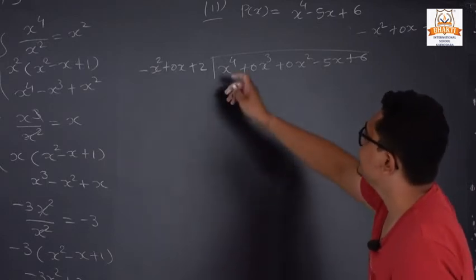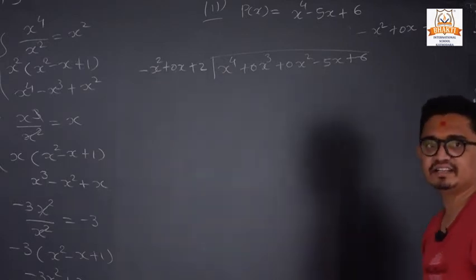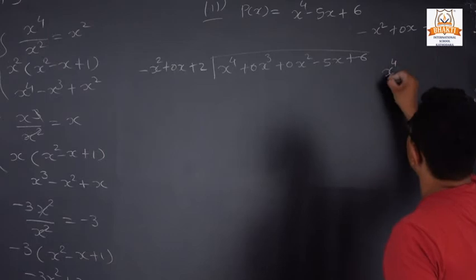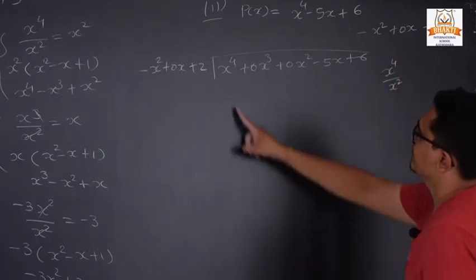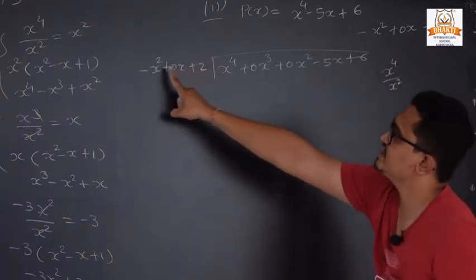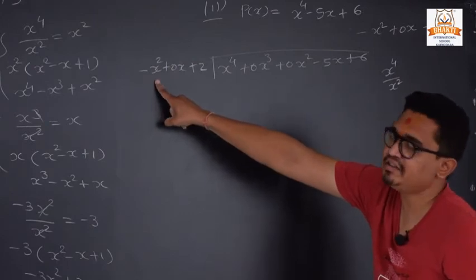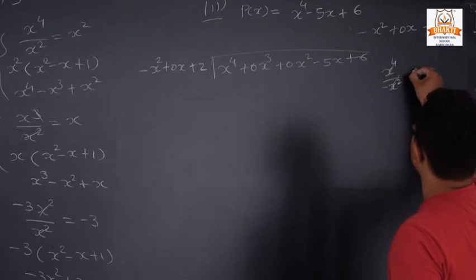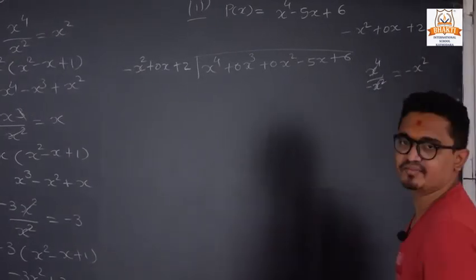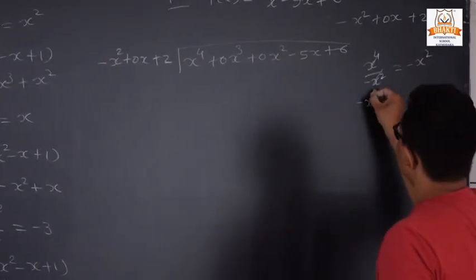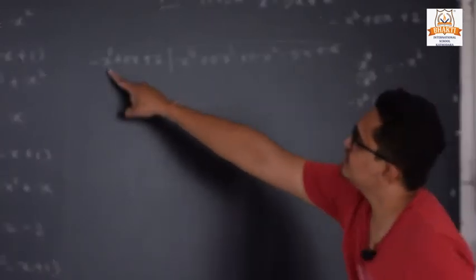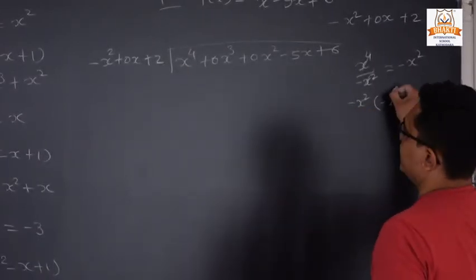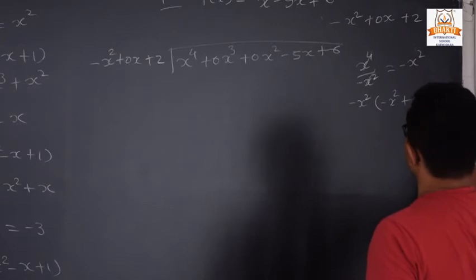So next, here we can start our division. So x raised to 4 is divided with x square. First term of dividend is divided with first term of divisor. But here we have a minus sign. So these both are cut. So answer it is minus x square. So now minus x square is multiplying these all three terms. Minus x square plus 0x plus 2.